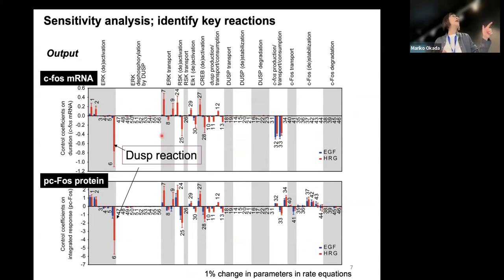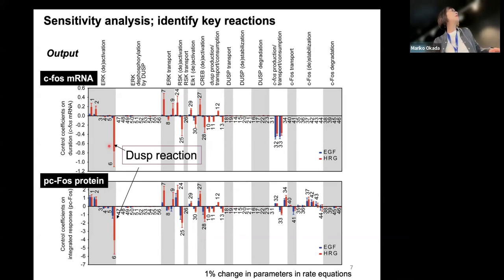The sensitivity analysis changes the parameters of each reaction and then we see the output, in this case the C-FOS mRNA and the C-FOS protein. We can change the output depending on the purpose, but we look at the bottom reaction of the network.